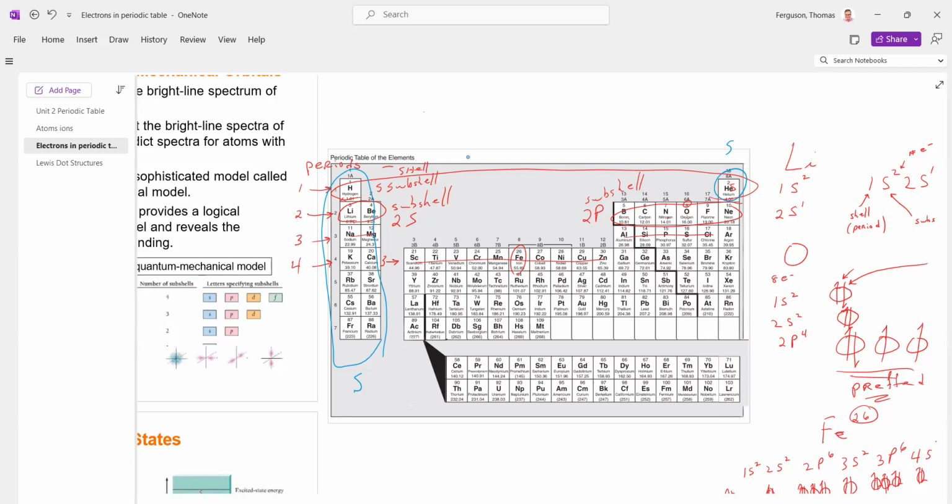Okay. The next one are the p's. And we have d's. And guess what? Down here we have f's. And there are 14 possibilities with the f's.